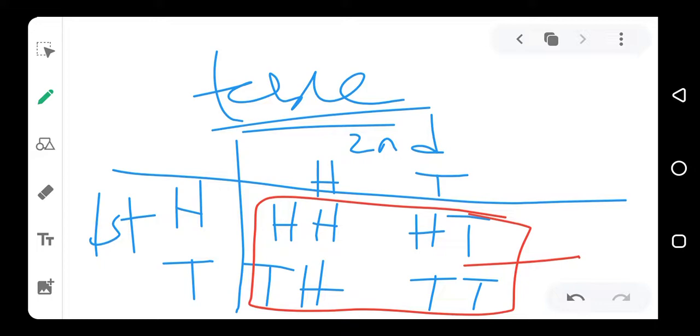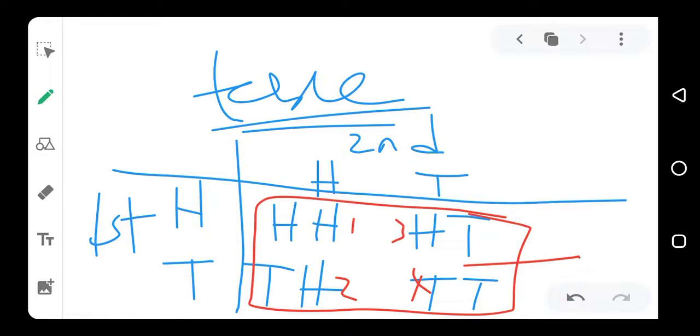So in this sample space, we can see that we have a total of 4 events: 1, 2, 3, 4. We have 4 events inside the sample space. So the number in our sample space is equal to 4.